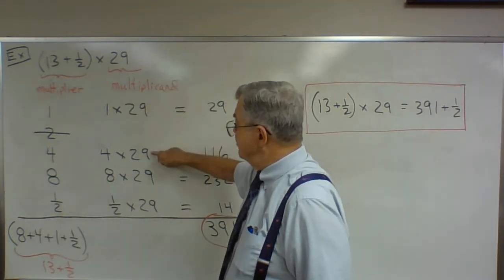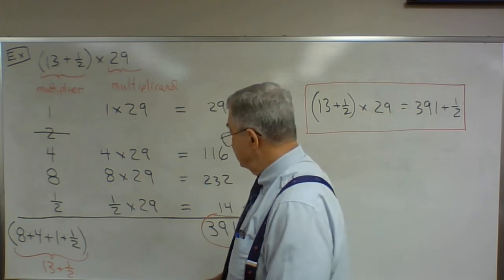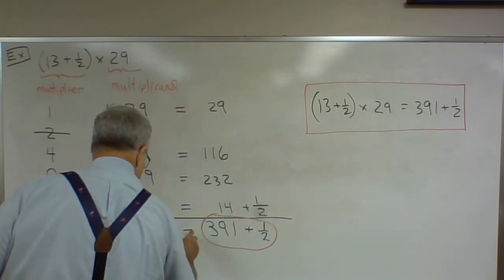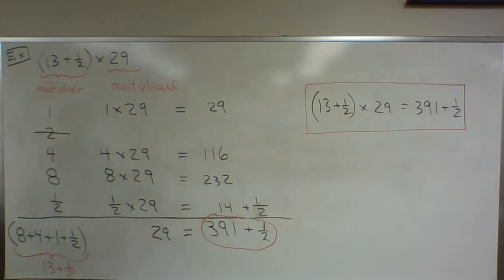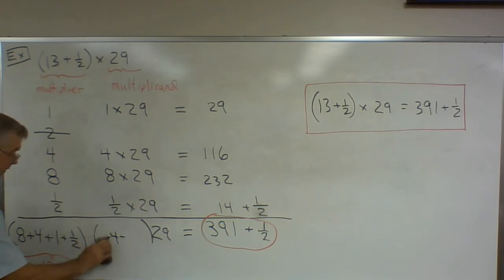Here we have a common factor of 29, don't we? So I'm just going to write that factor of 29 right here. And when I factor out 29, what do I get? I get 1 plus 4 plus 8 plus 1/2. Tell you what, that's right, but let me do it this way.